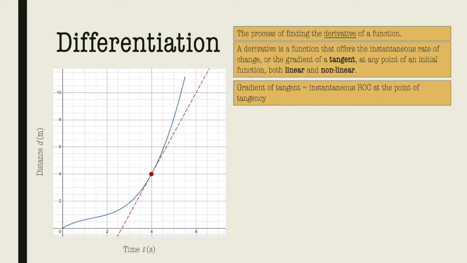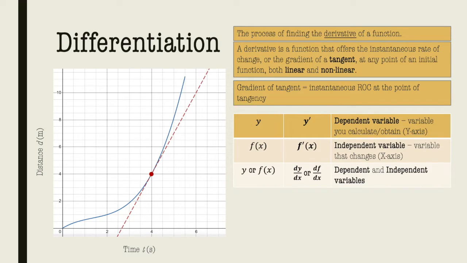briefly discuss notation. Say we are given an equation that begins with y equals something. For example, y equals 2x plus 1. That is our original function, and to denote its derivative we write y prime, y with an apostrophe. This notation tells us solely about the dependent variable, that is, the variable on the y-axis we are calculating using the function.